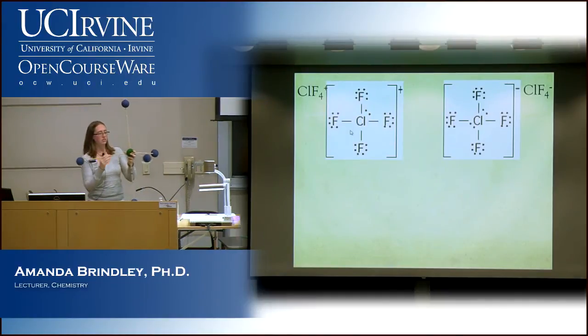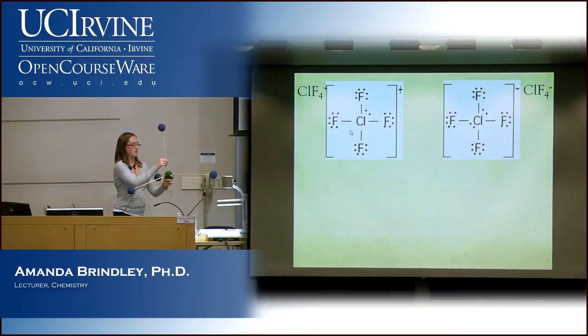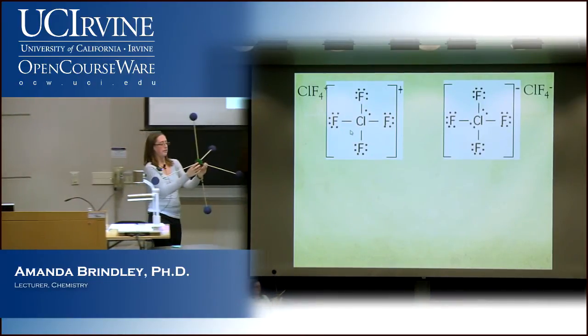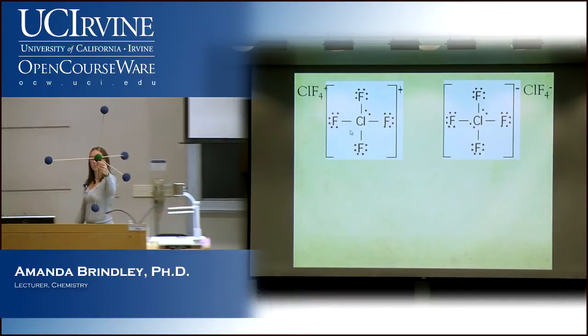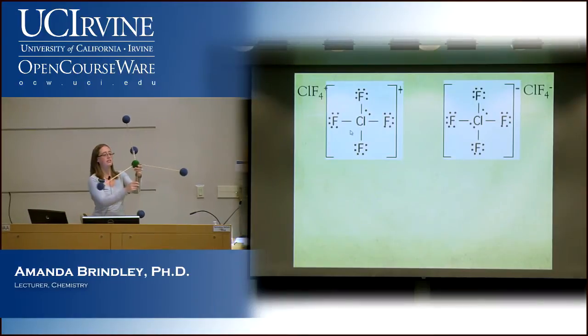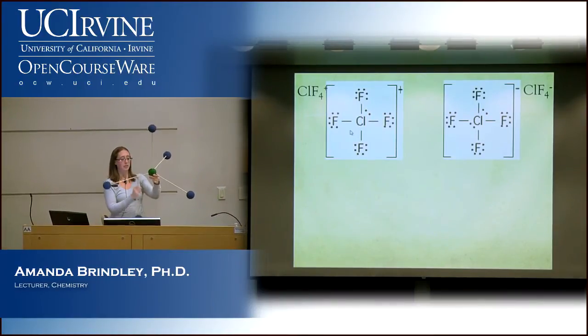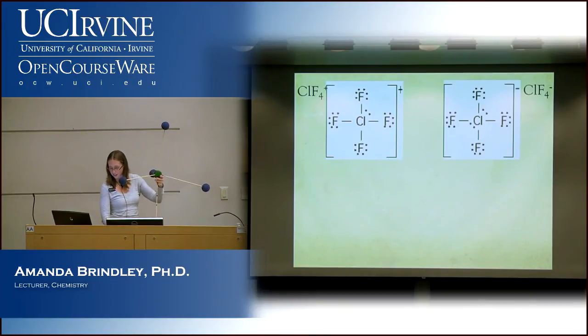And if you can't see these without building them, you really shouldn't feel bad at all. Seeing in 3D is sort of one of those skills people can develop, but some people have it more than others to begin with. So we have 5 things bonded to it. So what does this look like if we put it in a triangle? We have a triangle base and we would have like a pyramid, right? And if we did that, we'd have 2 pyramids. So what shape would that be?